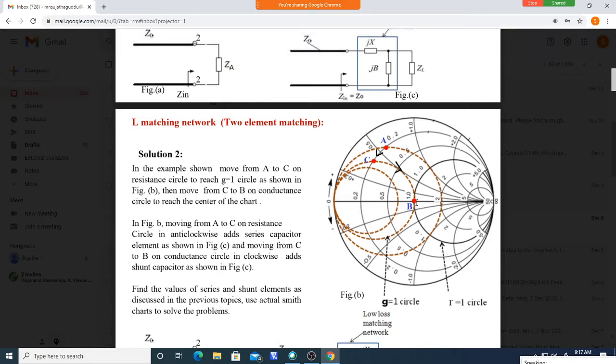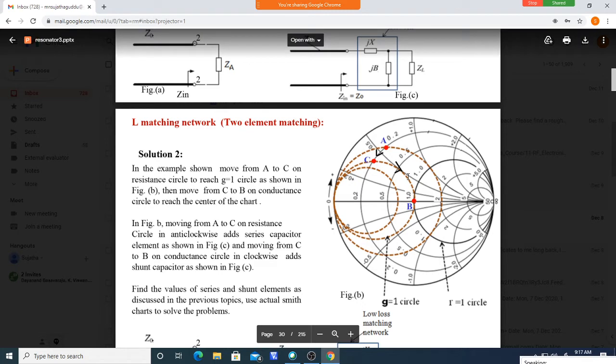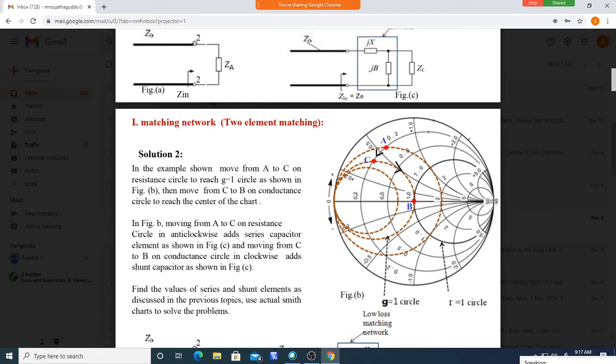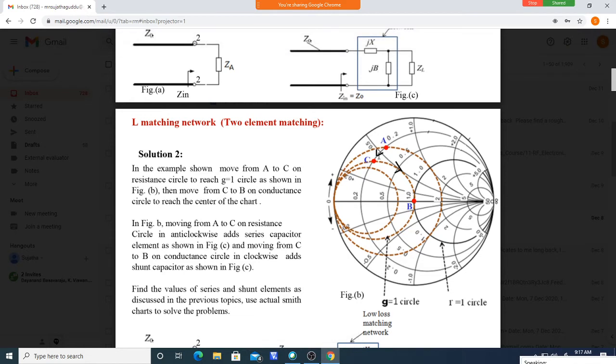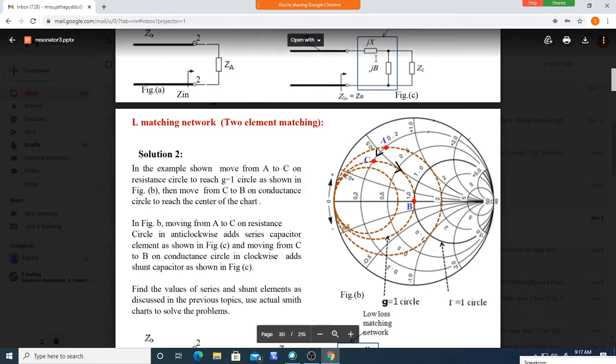Moving from here to here is moving on the conductance circle in the anti-clockwise direction, which adds a shunt inductor. This element becomes an inductor now. And from here you move like this, which is moving on the resistance circle in the clockwise direction, adding a series inductor.